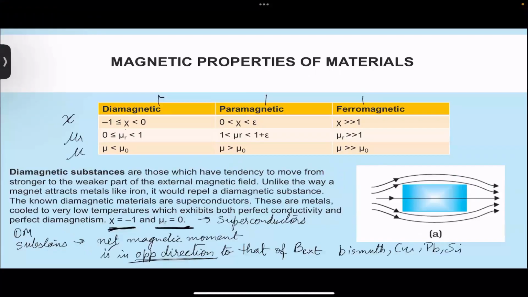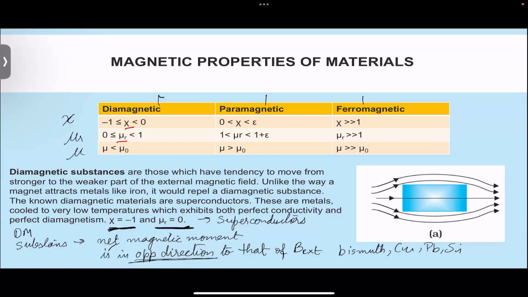To continue on the magnetic properties of materials, we have three types of materials: diamagnetic, paramagnetic, and ferromagnetic. All of these have some relation with respect to the magnetic susceptibility, as well as the permeability, the relative permeability, and the permeability in free space.